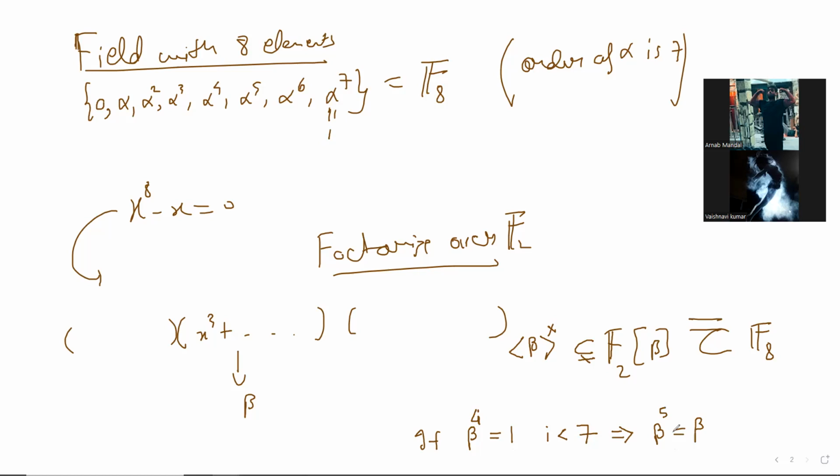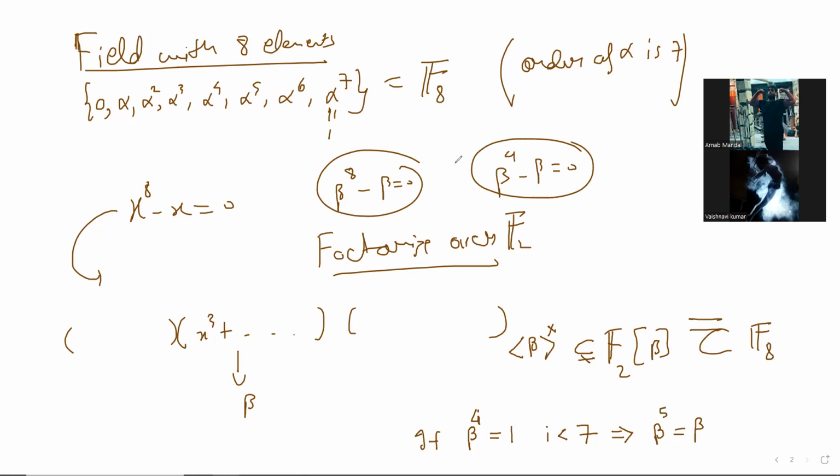What I'm saying is that this beta satisfies this, but this beta cannot satisfy something like this. Otherwise, the minimal polynomial degree, what will happen to it? Then the minimal polynomial of beta over F2 is this, so it cannot. So you understand what's going on, right?